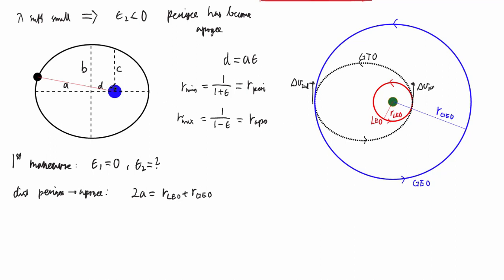The other thing we can see is that this parameter d here for this ellipse is equal to R GEO minus the semi-major axis again. So R GEO equals a plus d, but d is a times epsilon. So this is a times epsilon 2 in this case, because we're going from a circular orbit to an elliptic orbit.